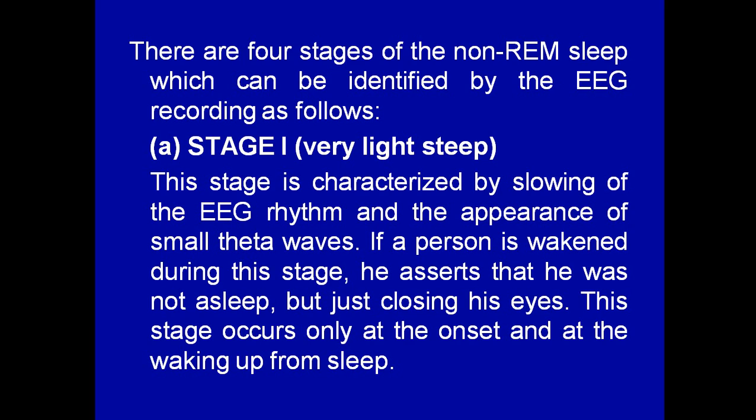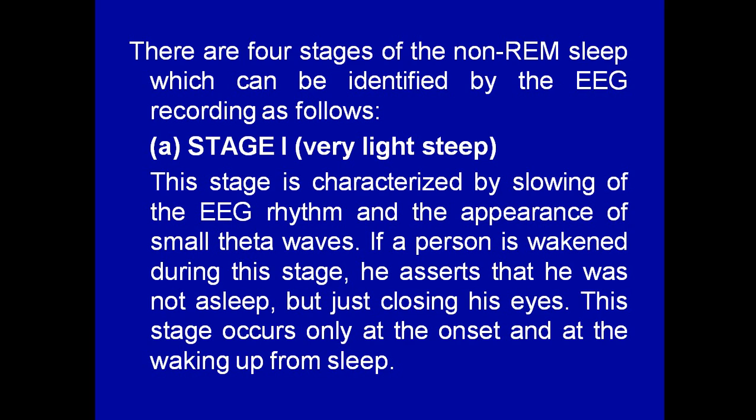In non-REM sleep, 4 stages are recognized, which can be identified by EEG. Stage 1, very light sleep. This stage is characterized by slowing of the EEG rhythm and the appearance of small theta waves, about 3 to 7 hertz.